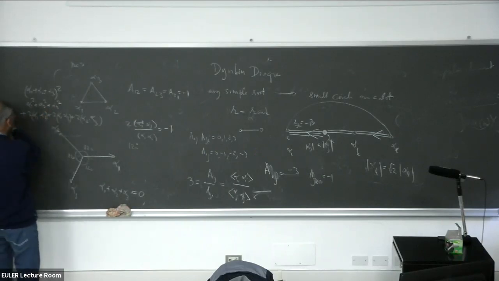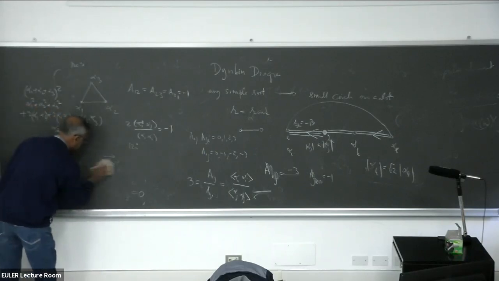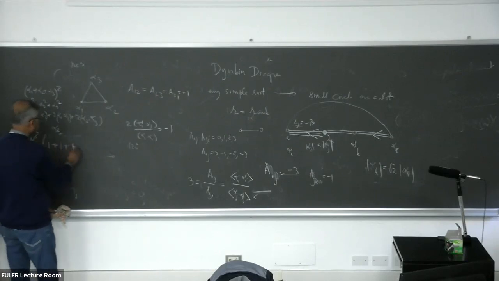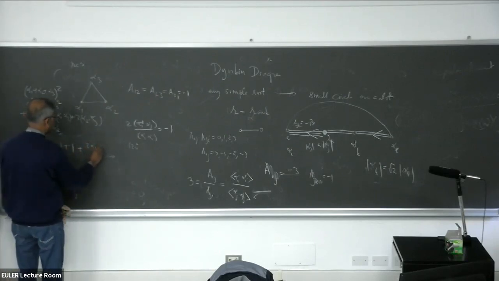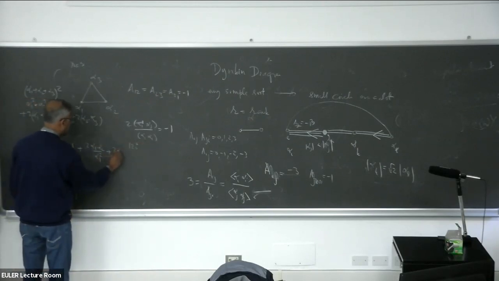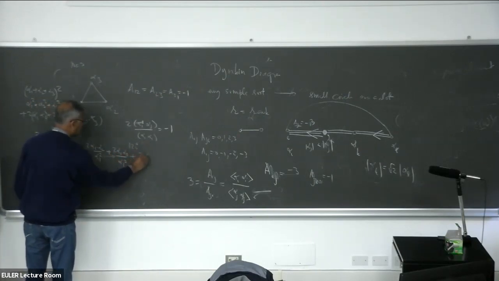Let me take out alpha 1 squared as a common factor. Then this becomes 1 plus 1 plus 1, since the lengths are all equal. And here we find plus 2 alpha 1 dot alpha 2 over alpha 1 squared, plus 2 alpha 1 dot alpha 3 over alpha 1 squared, plus 2 alpha 2 dot alpha 3 over alpha 1 squared.